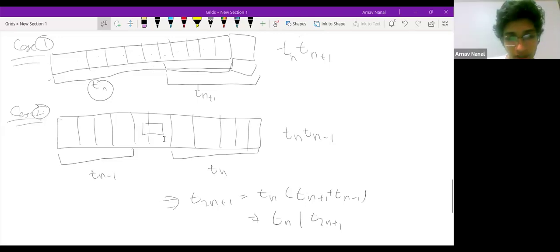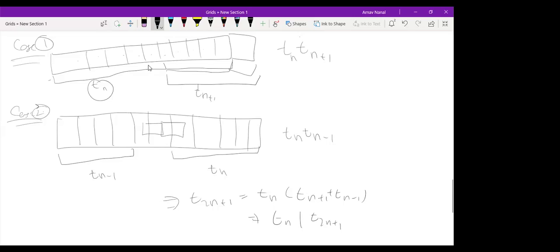But if it covers the center and the square in the left half, it is already covered here, right? Or am I wrong? No, because Tn times T of n minus 1 has to be counted twice, right?